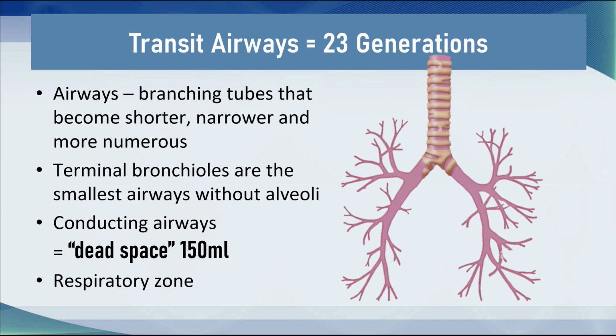The total volume of these conducting airways is approximately 150 mils. This varies depending on height, and no gas exchange occurs within them. Thus, conducting airways are dead space for gas exchange. The gas is in the lungs but not currently available to blood-gas interfacing.